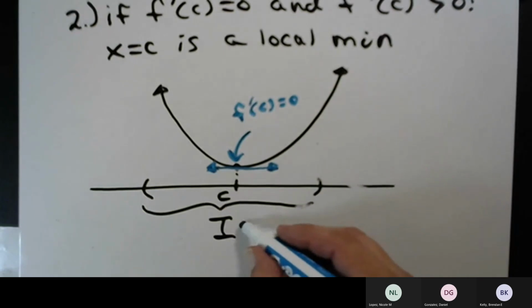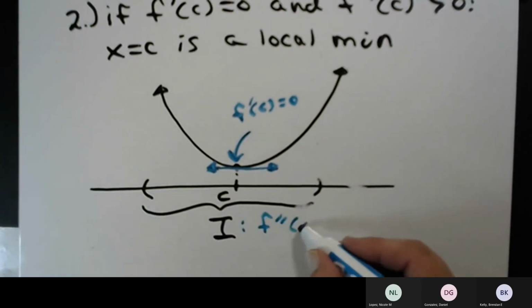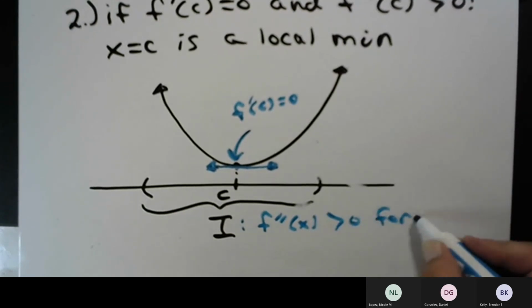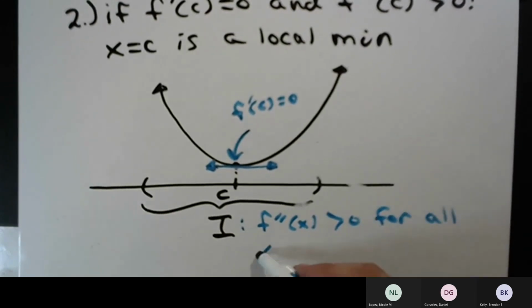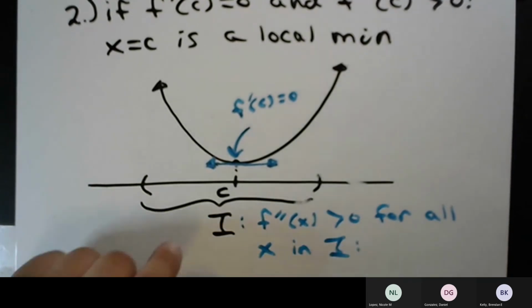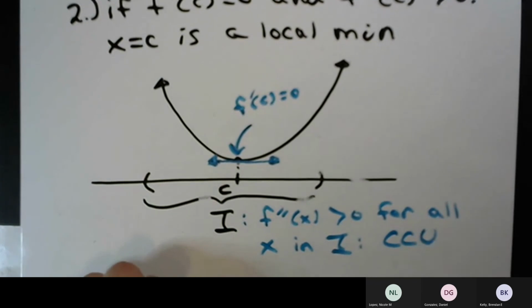And what's happening here, f double prime of x is greater than 0 for all x in I, including that point c, and that's concave up.